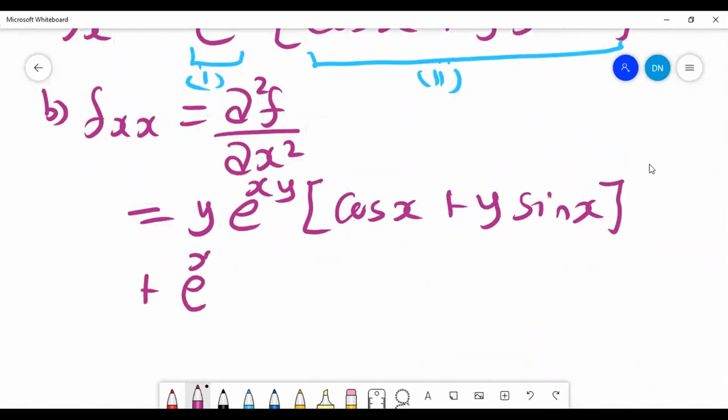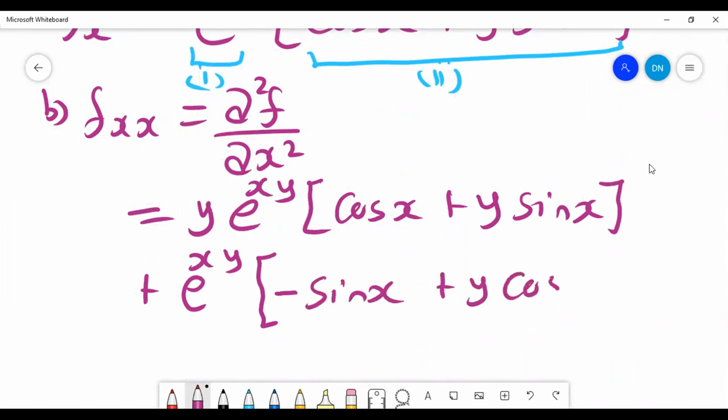And then plus, now I keep this constant. I differentiate what is inside the bracket. If I differentiate this with respect to x, it will give me that, plus this, it will give me that. So that is the solution that I'll get from all those equations that I have there.